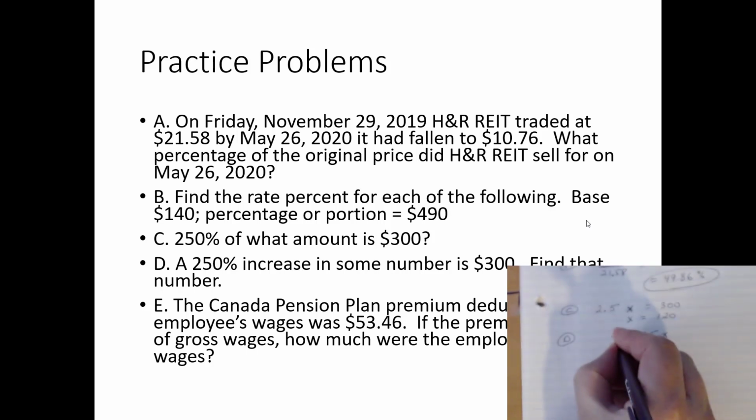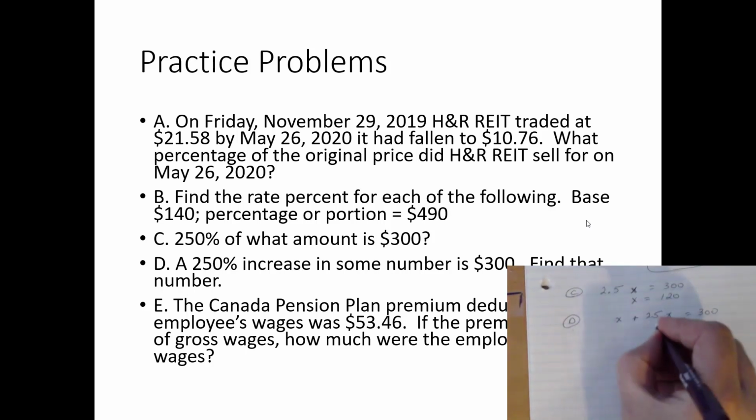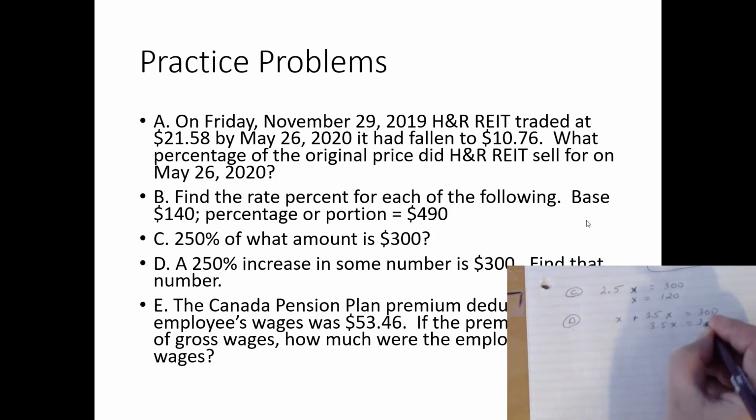Oh, I started with that number, right? And then it is 300. Gather up the like terms. 3.5x equals 300. Isolate x again, just like we did before, by dividing both sides by 3.5. And I get 75.714.